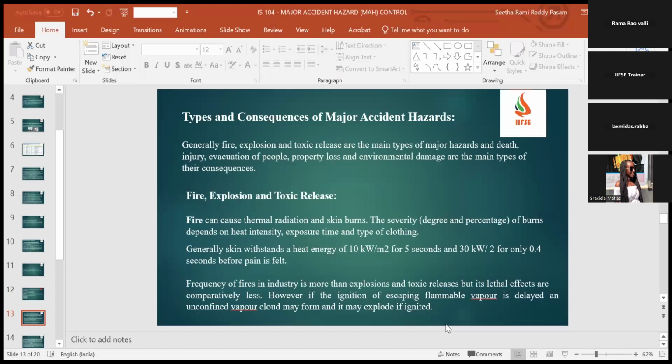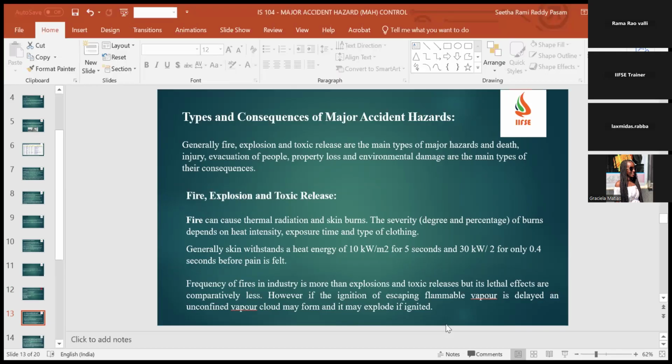Then the types and the consequences of major accident hazards. So basically, when we say type, there are fire, explosion, and toxic release, the three main types of major hazards. And death, injury, evacuation of people, property loss, and environmental damage are the main types of consequences.